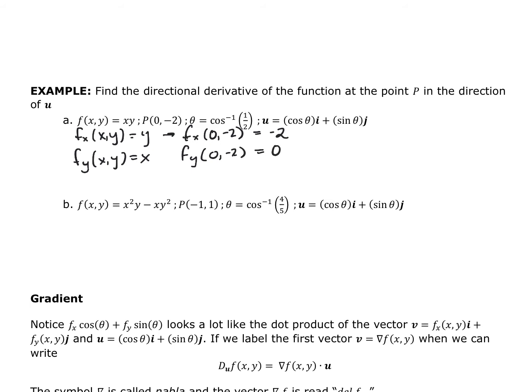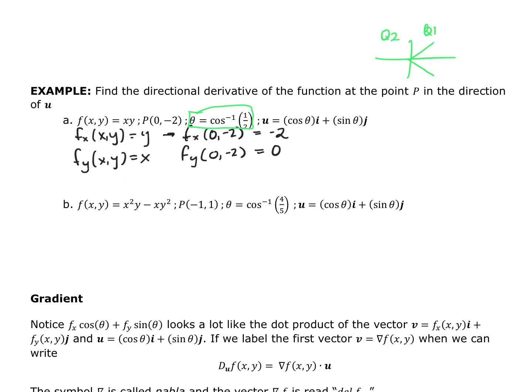Now they're telling me in this direction, this is my direction theta. So if I were to draw a nice little xy plane here, the cosine inverse of 1/2. Now we don't know if that is in this quadrant or in this quadrant, except for the fact that it is the arc cosine or the cosine inverse, and cosine inverse is only defined in quadrant 1 and quadrant 2.